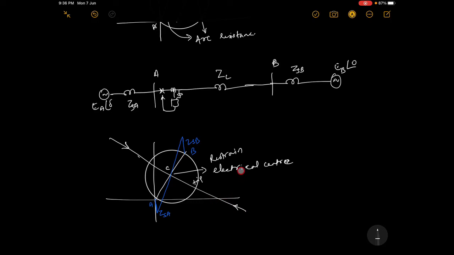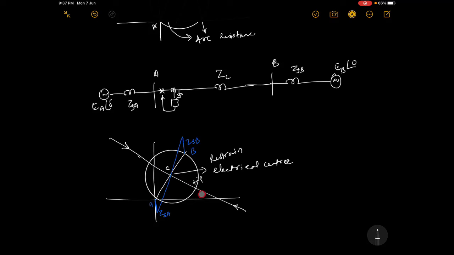During a large power variation, power swing happens, and this locus may come in contact with this region or within it, and obviously it will come in contact with this, which we call the electrical center.